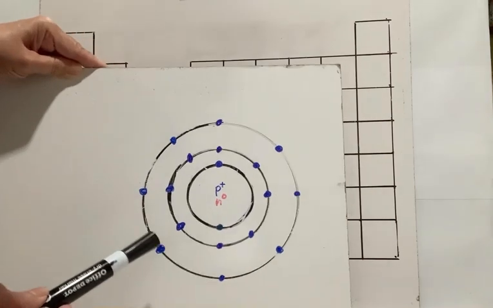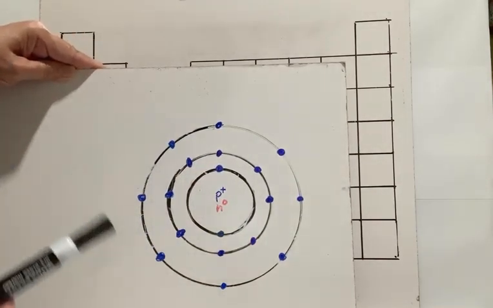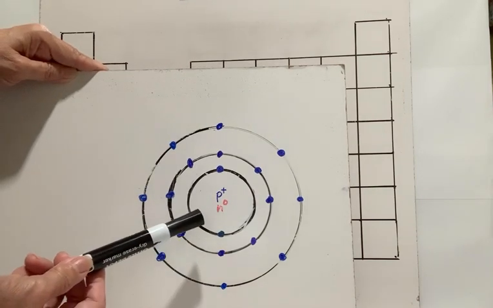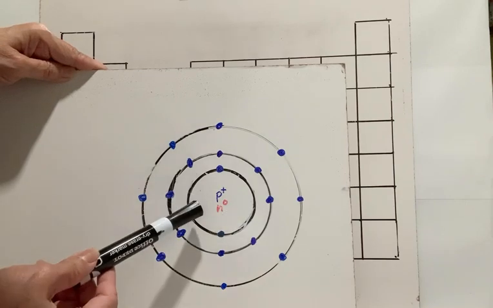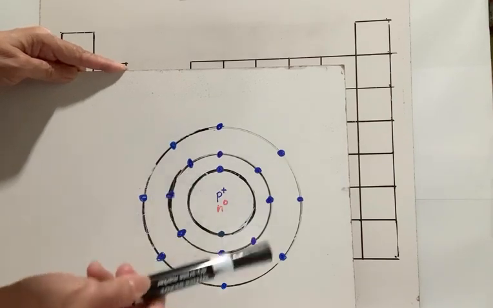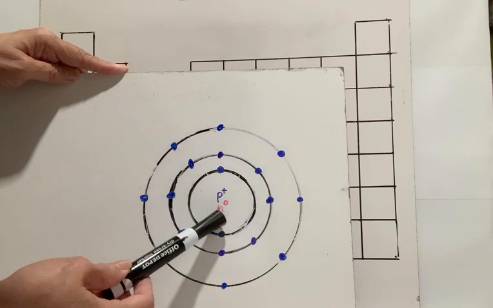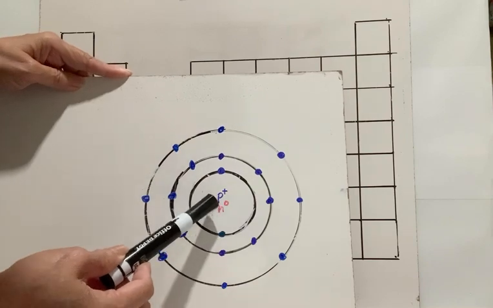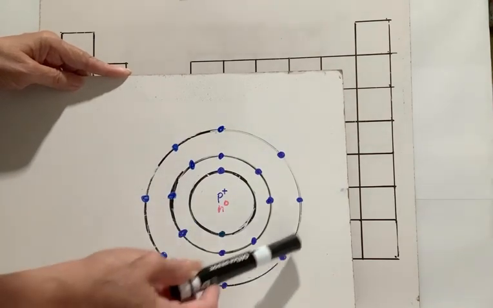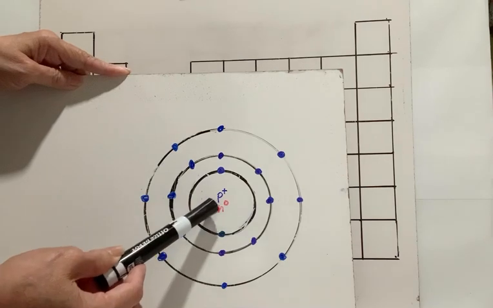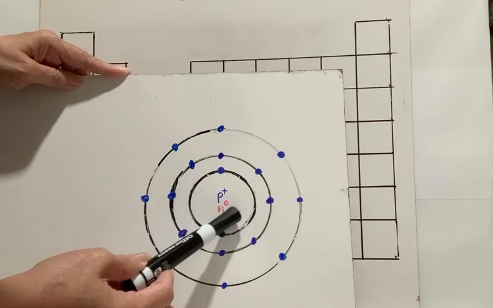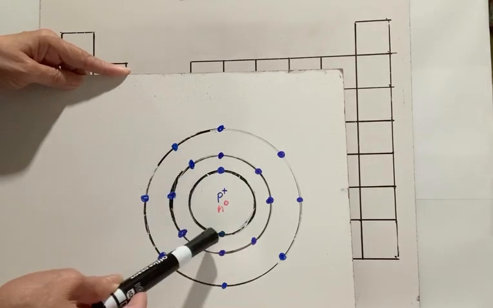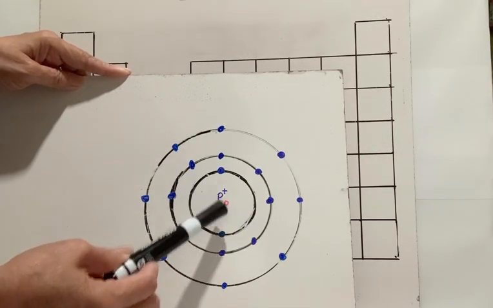Now, so that we could easily understand this concept, we could relate it with a typical situation in the mall, right? If the nucleus is the mall, then the mall has parking space. The level immediately nearest the mall is the first level that can hold only 2 cars, right?